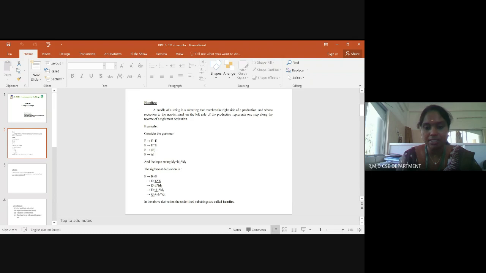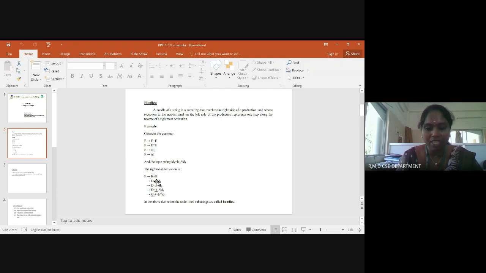A handle of a string is a substring that matches the right side of a production, and whose reduction to the non-terminal on the left side of the production represents one step along the reverse of a rightmost derivation. For example, E tends to E plus E. Here, for this particular E plus E, we can substitute the value of E as ID. So we are substituting the value of E in that rightmost derivation.